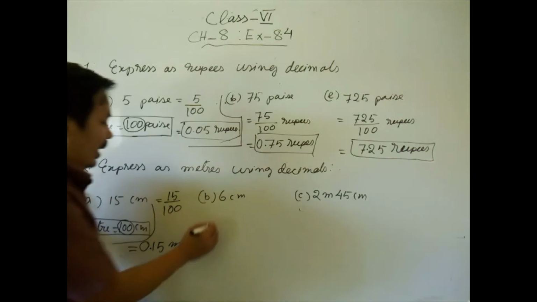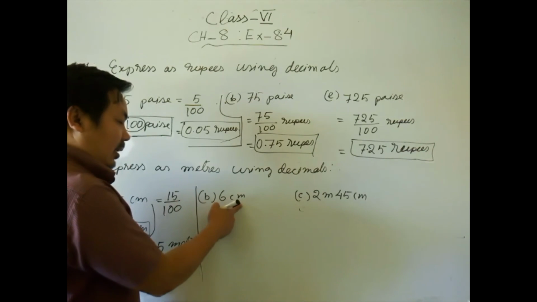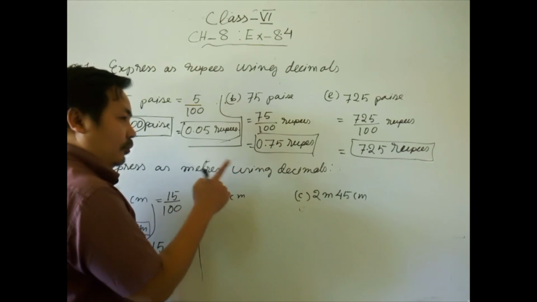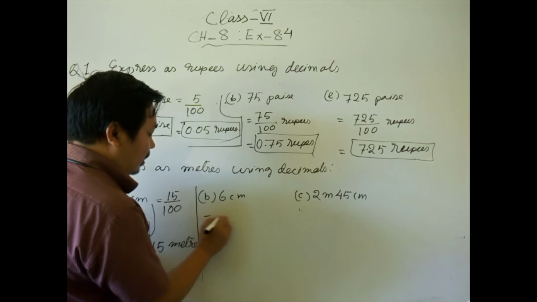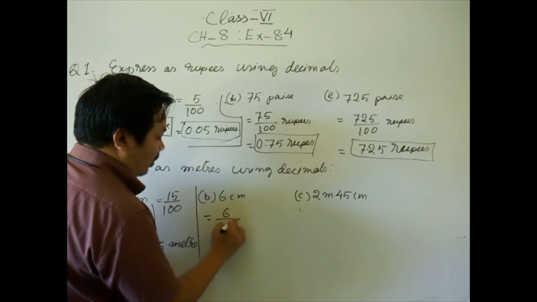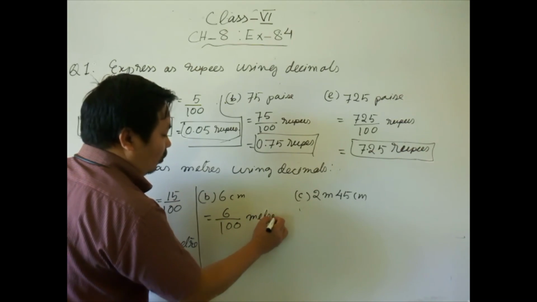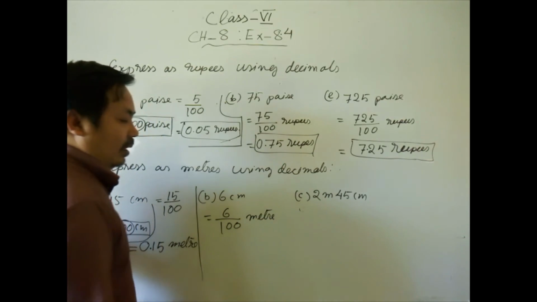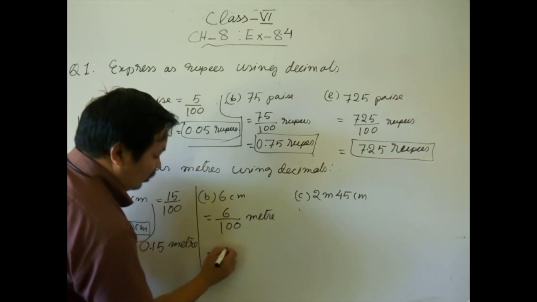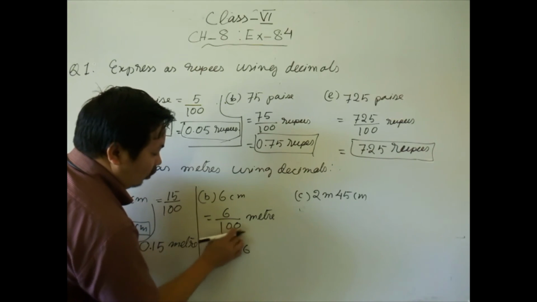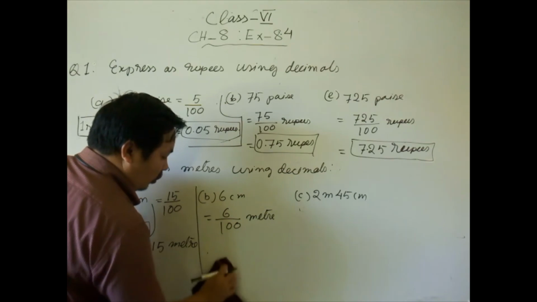Okay. Then next, what we have to do is 6 centimeter. The 6 centimeter is also going to be changed to meter. To change this, 6 is going to be divided by 100 again, and it will become meters. No more centimeter, it will become meter.